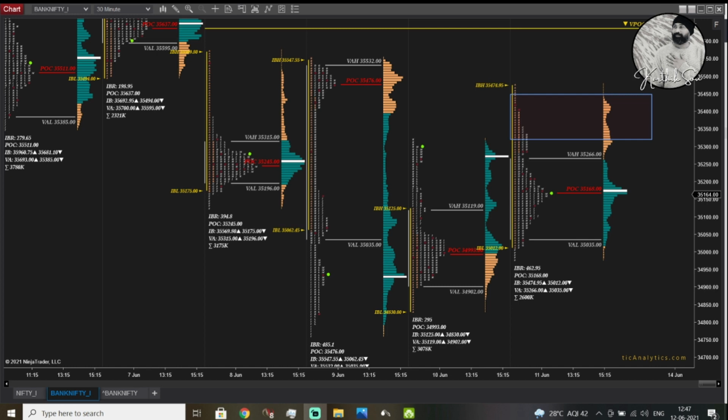Because the distribution curve is a scientific method which is used to study the data delivered. These are the data points: where price exactly starts, where exactly it ends, which are the zones where it has been accumulated, which are the zones where it has been distributed.